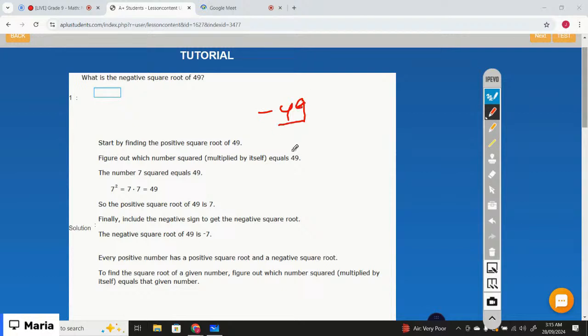Just look at the 49. You have to see 49 is 7 times 7, right? So that means 49 is 7 square. 7 square means one of the numbers is positive and one of the numbers is negative, right?